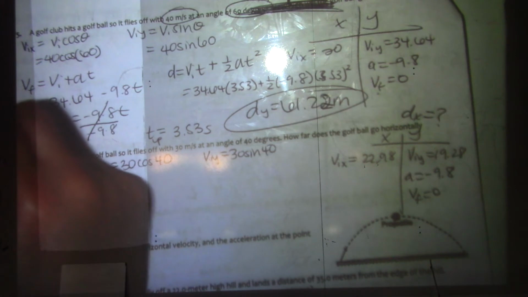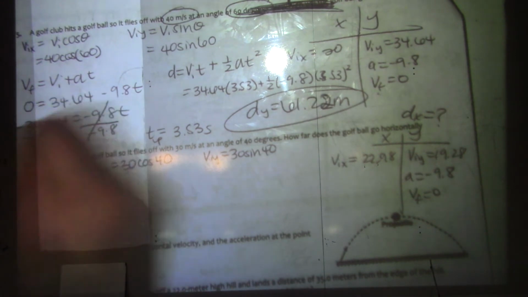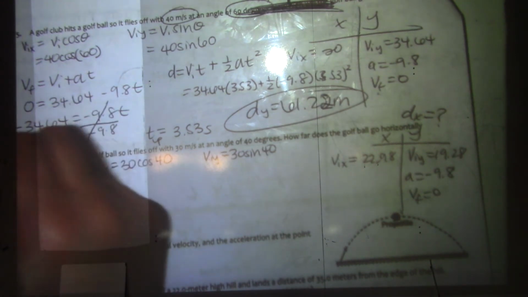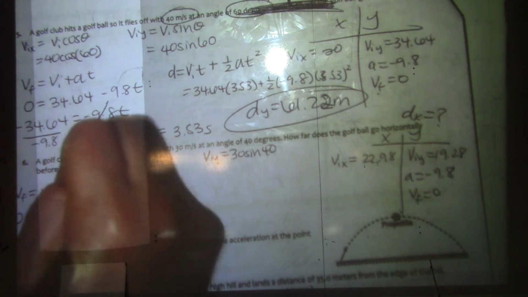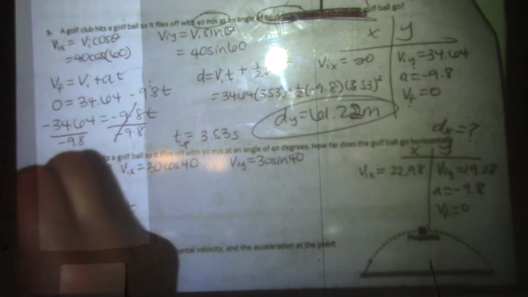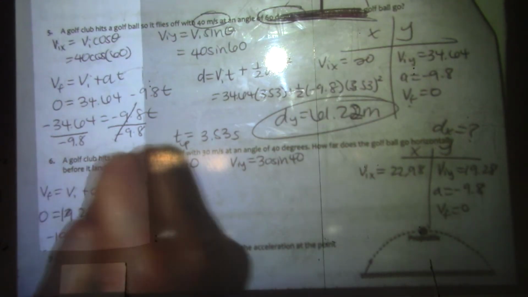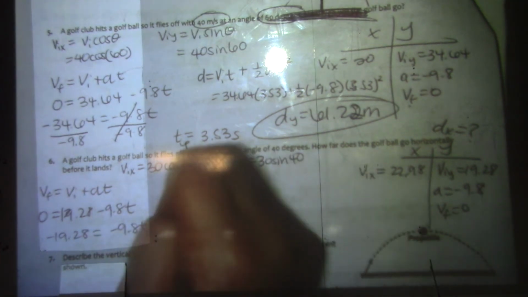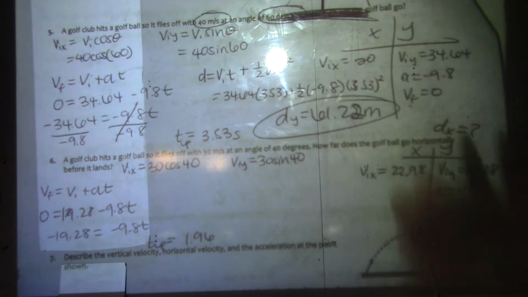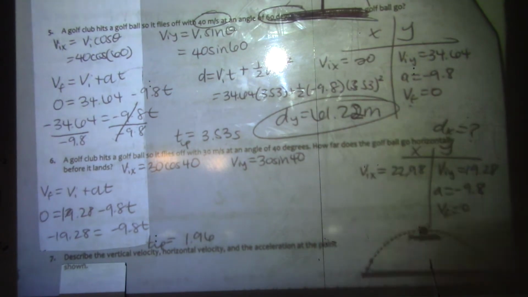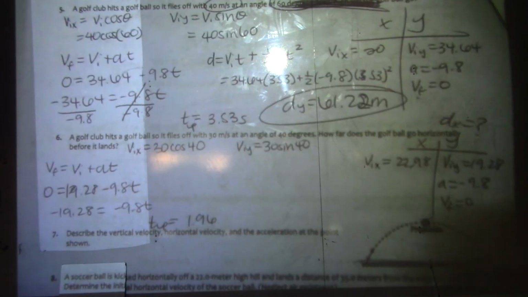Still need to find time first, so VF equals VI plus AT equation, 19.28. Subtract over, divide by the negative 9.8, that gives me your T up is 1.96 seconds. Now I want to find my x distance, right, this right here. I know I'm going to use v equals d over t. I know I'm going to use the x velocity because we're looking at x distance.